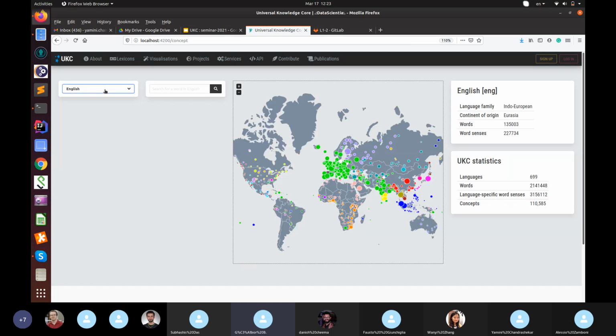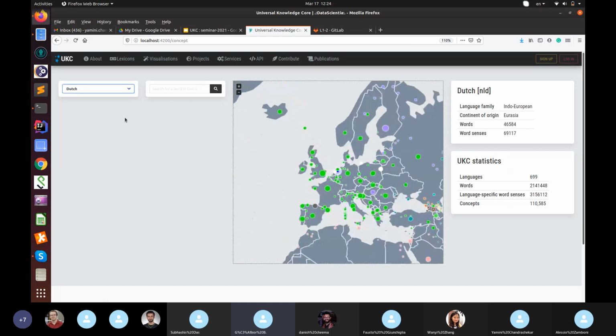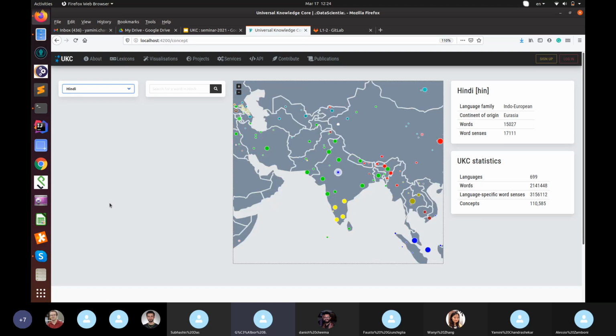And please, if you find any mistakes in the data, so in your language, Chinese, Turkish, whatever language you speak, we are interested to know. And if you find bugs in the website itself, so in the code, we are interested to know as well. So please send an email to me or Yamini, and that will be very helpful to us. This is all. Thank you.